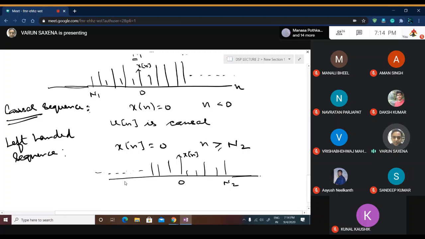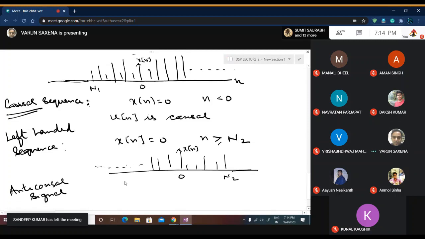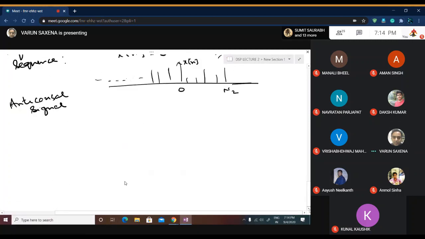Then the next thing that comes is what is called an anti-causal sequence. What is this signal? What will be an anti-causal signal?